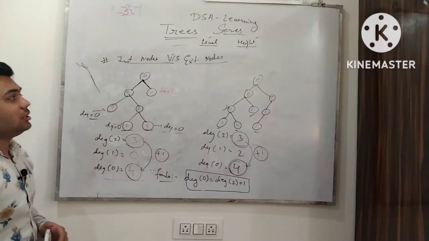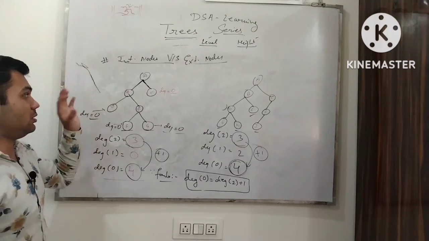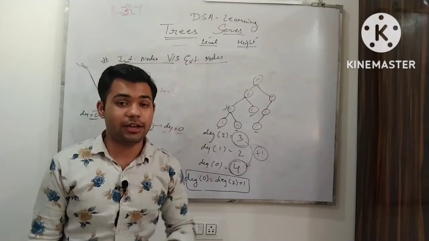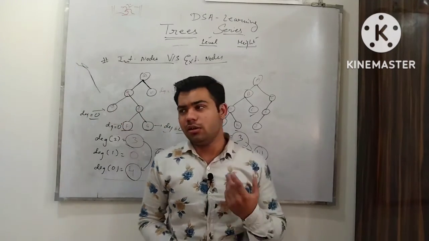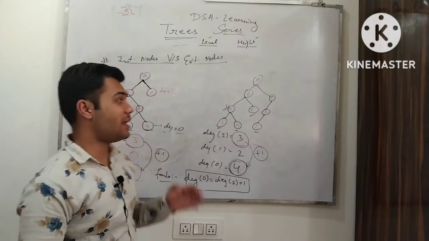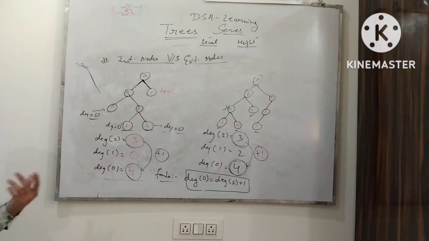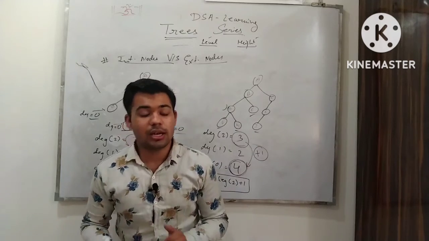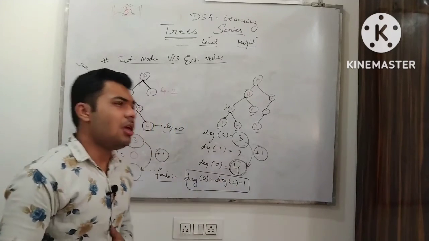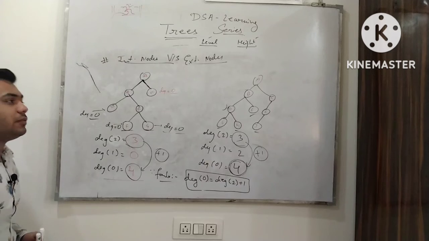We have studied the types of trees. Today we first studied the binary tree. In our next lecture, we will find out how the binary tree works and what its types are. Binary tree also has further classification. Strict binary is there, we will learn about it in the next video.